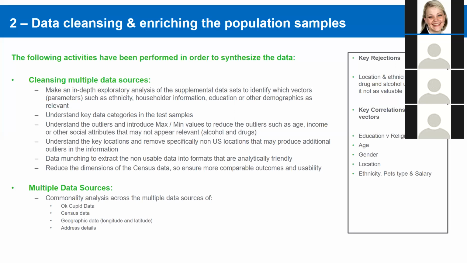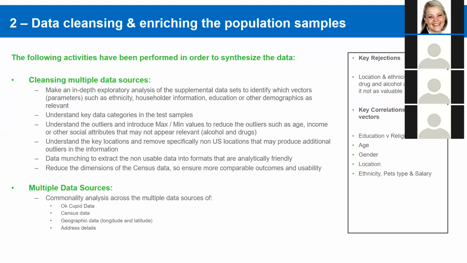We didn't necessarily think he matched some of the marketing data we wanted to look at. We would then extract some non-usable data into formats that were more analytically friendly. We also reduced the dimensions of the census data to ensure that we could compare apples to apples. We could compare those outcomes so that they're usable.